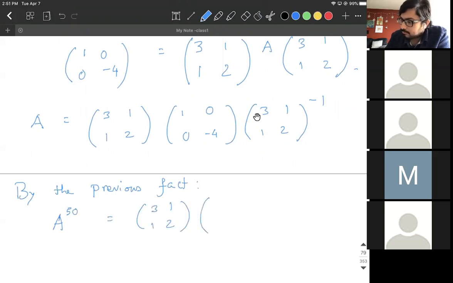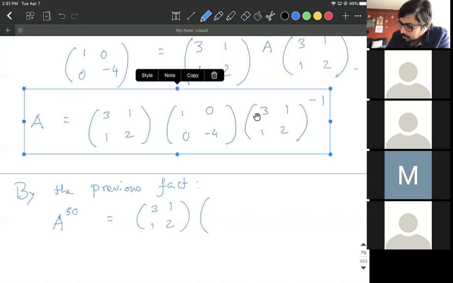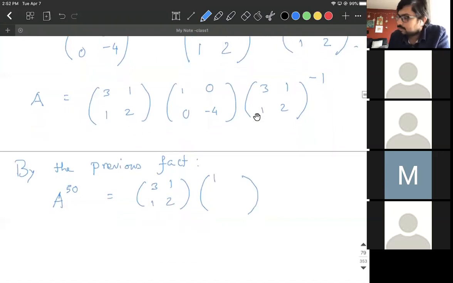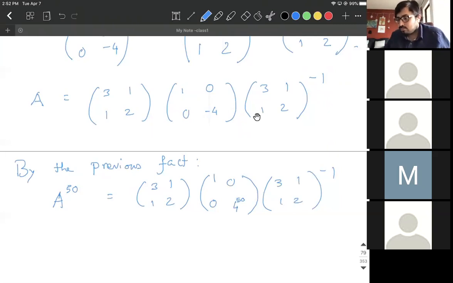Then you take the 50th power of this diagonal matrix, but it's just taking the 50th power of each diagonal element, and of course the 50th power of 1 is 1, and this is simply the 50th power of 4, because the 50th power of -1 is 1, 0 and 0, and then [3, 1; 1, 2] inverse.